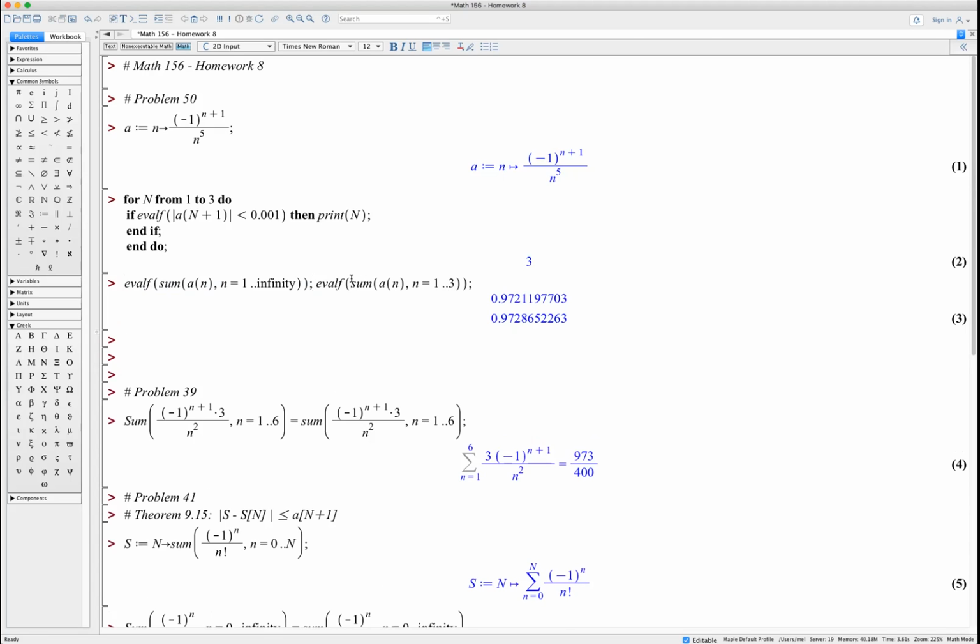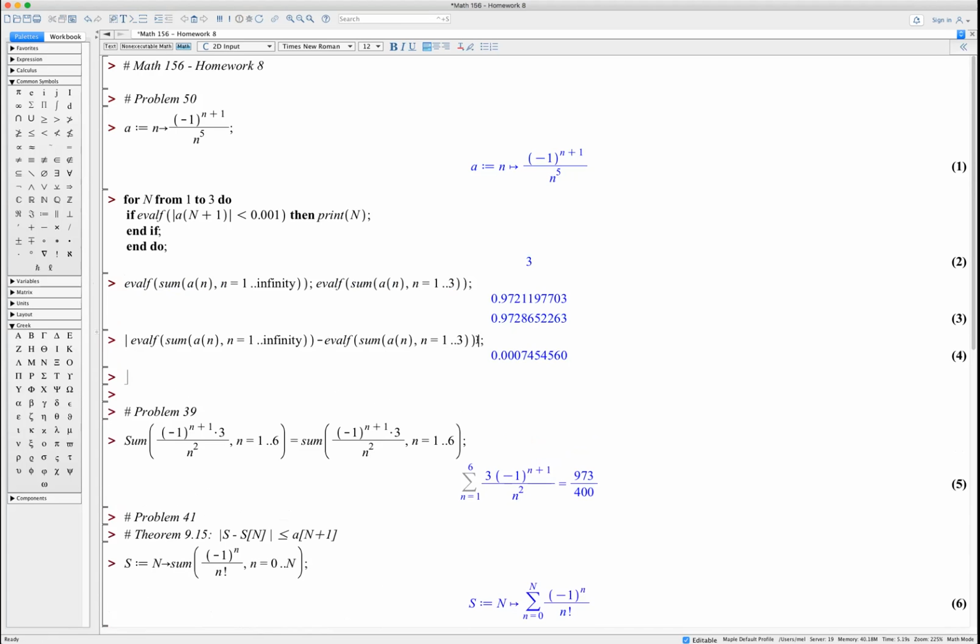And the difference, I subtract, in absolute value is less than 0.001. So I only needed 3 terms from this series to approximate the infinite series with an accuracy of 1/1000. Even better, actually, but certainly this is less than 1/1000.